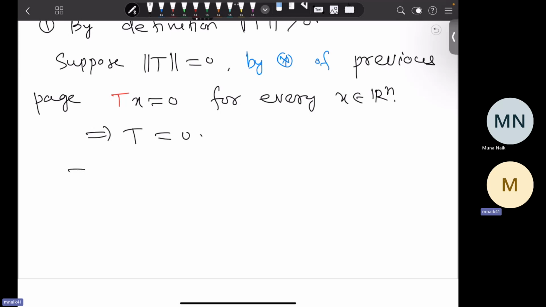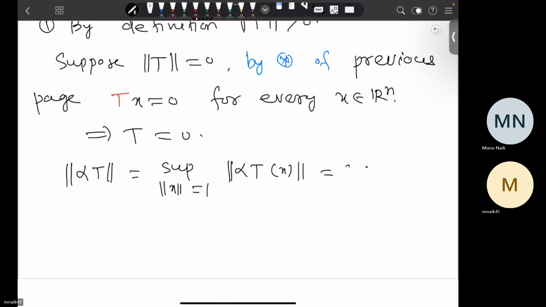Now what is alpha T? The operator norm of alpha T is the supremum over norm x less than or equal to 1 of the norm of alpha T x. This is modulus of alpha times the supremum of norm x less than or equal to 1 of the norm of Tx.